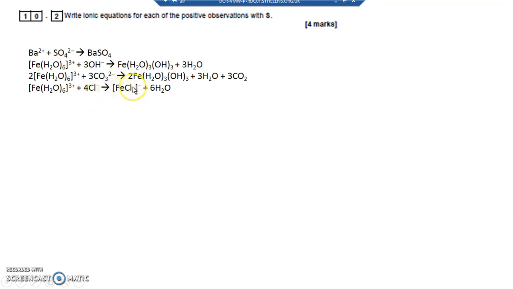I know it's -1 because I've got 4 Cl-. Cl is in group 7, so it's going to gain 1 electron and be Cl-, oxidation state -1. I've got Fe3+ and 4 -1s, so 3+ and 4- leaves 1- left over. It works, so it balances: 1- on the right hand side with 3+ and 4 1-.